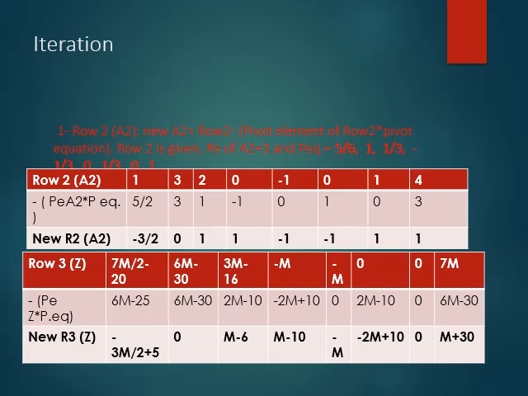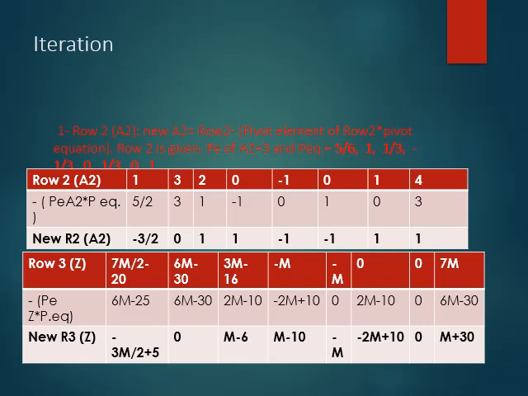Okay. So we copy the values of A2 as they are from the previous table and paste them here. Then we find the result of multiplication.